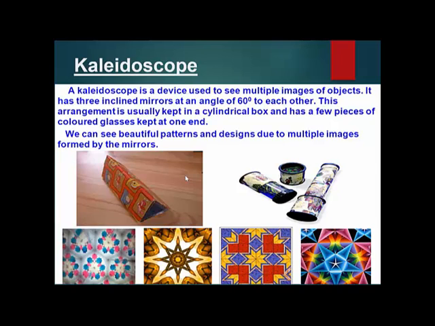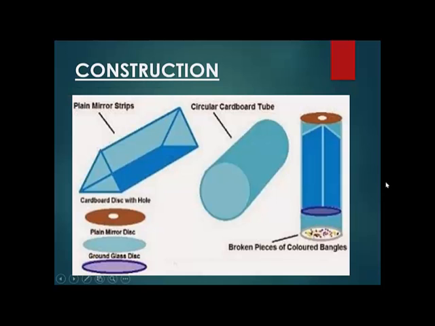It's a device in which if you put some colorful bangles or any colorful pictures, you will see multiple images. So this kaleidoscope is an application of multiple images. Now these are the kinds of images that you will see if you put any bangles or any colorful things inside the kaleidoscope. Let's see how we make it.